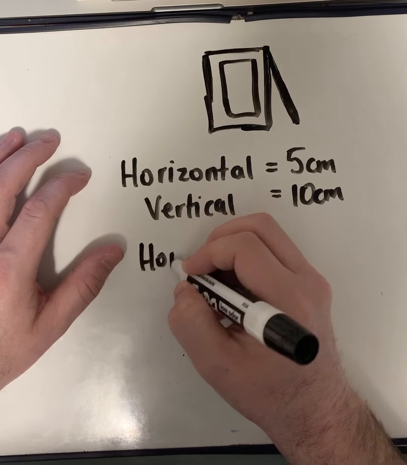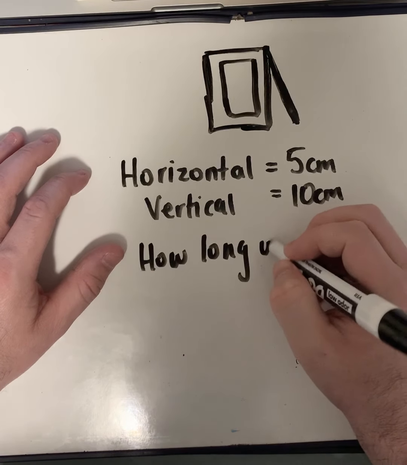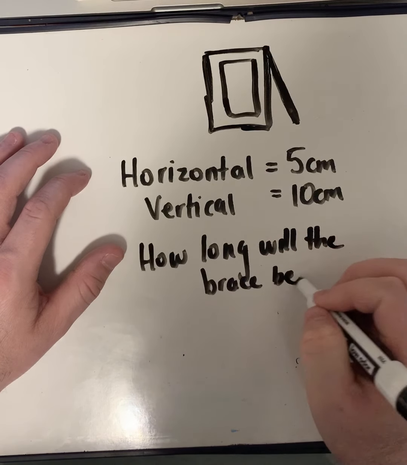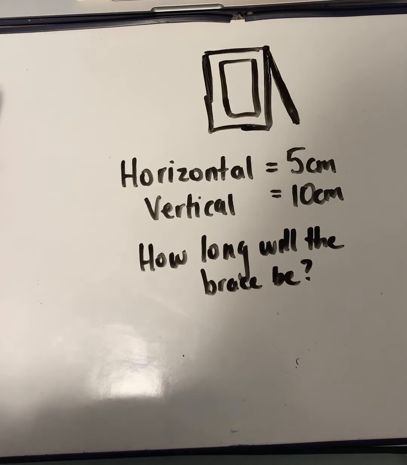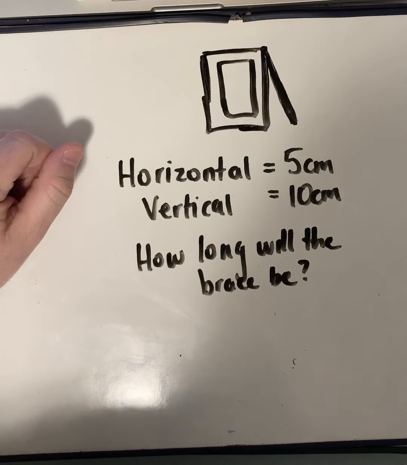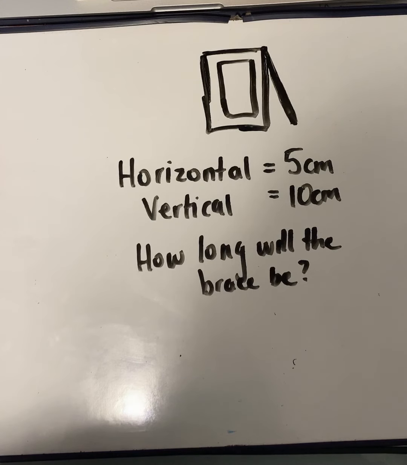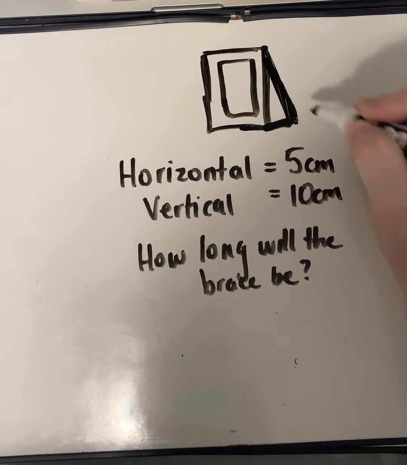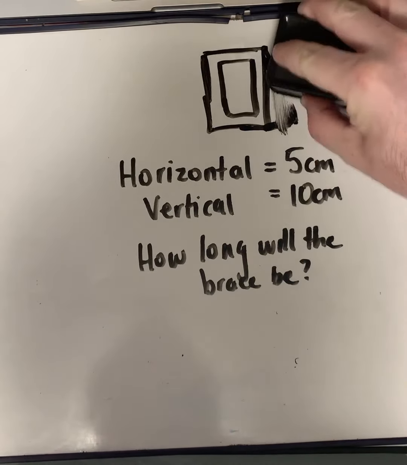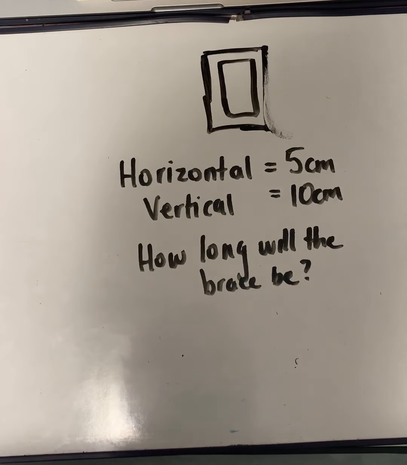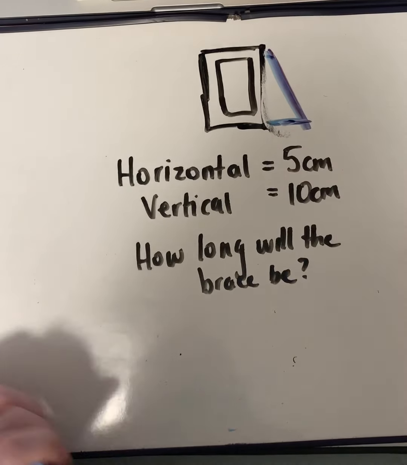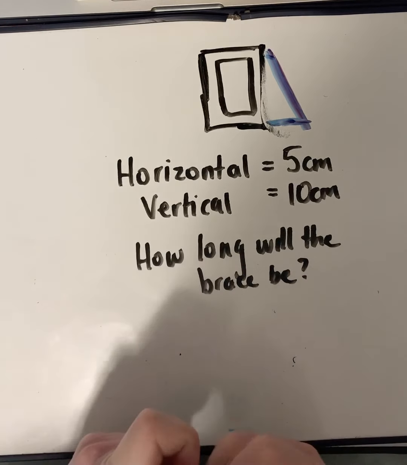So how long will the brace be? Take a couple minutes, go solve it on your own, draw it out if you need to, to see how long this brace that he wants to build for the picture frame has to be, okay? So go solve that.